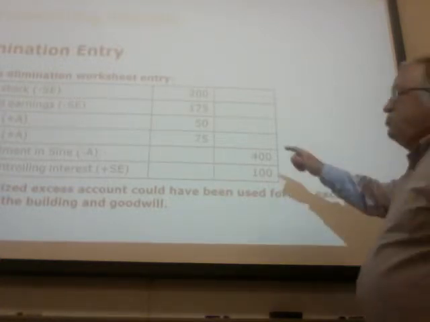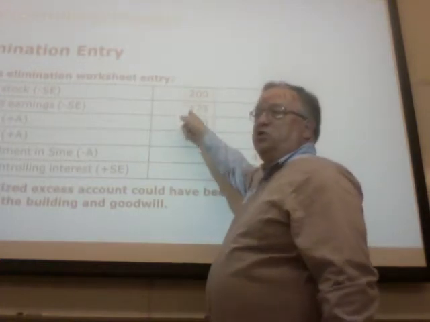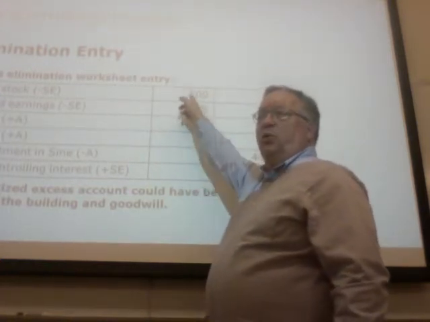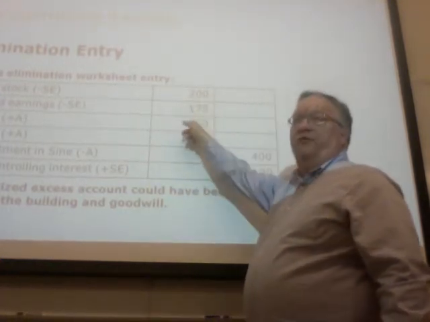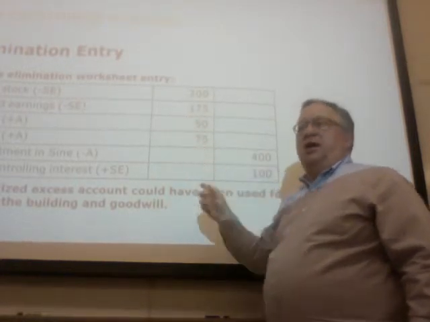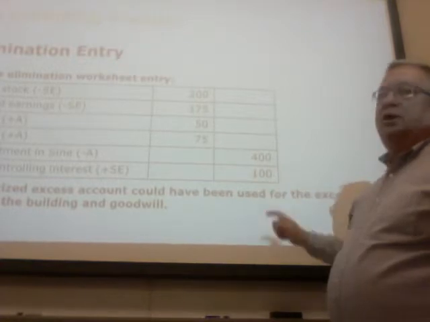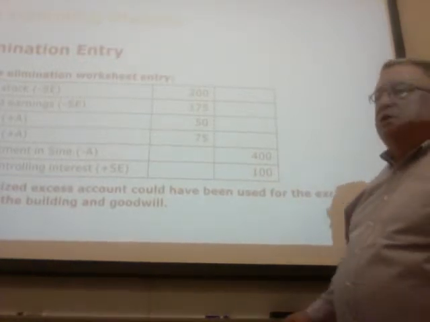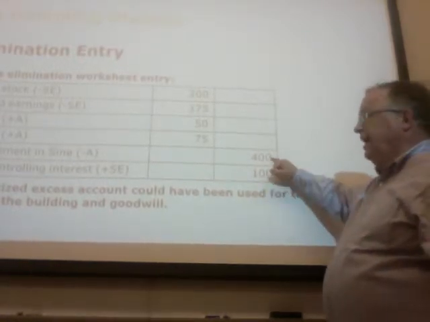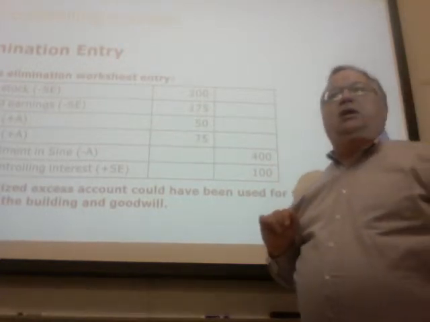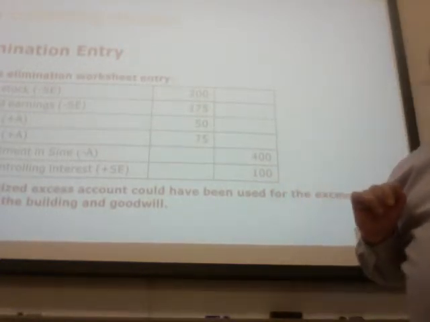Our non-controlling interest was here. They had 20% of this. They were here, but we got rid of all of that, right? We got rid of all of Sign's equity, but we have to give them an accounting in our stockholders' equity section. So we have to account for their 20%. It is a component of our consolidated stockholders' equity, our non-controlling interest.